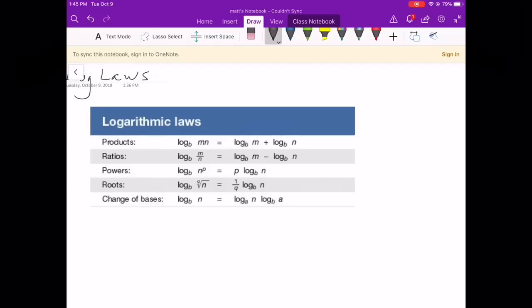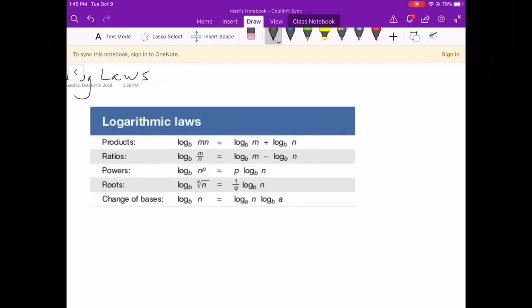If I'm raising a log to a power, that's the same as multiplying log base b of n by that power. My roots here, whatever the root is that I'm taking, so here would be the q root of n, that's the same as multiplying by the inverse, or 1 over q, times my log base b of n.